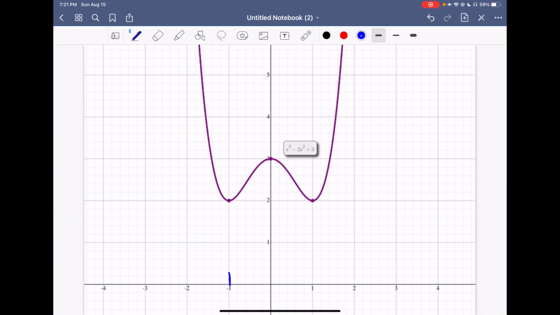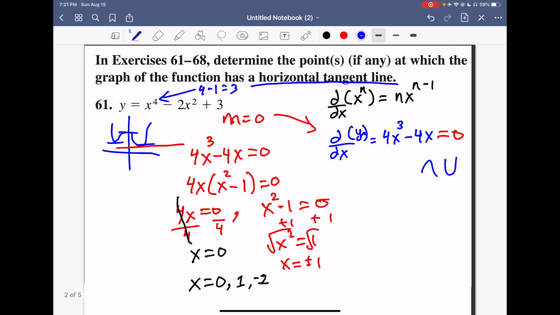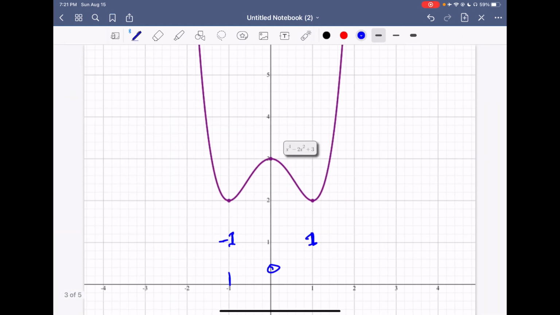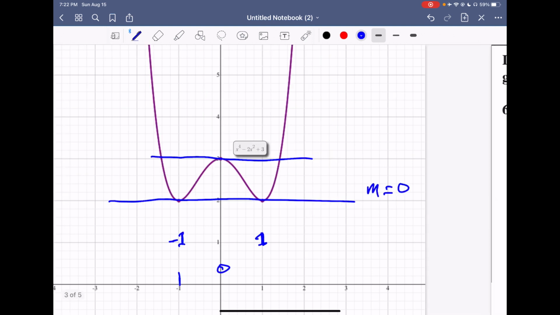Right at x equals negative 1, at x equal to 0, and x equal to 1. That is exactly the end result that we came up with. So x equals 0, 1, and negative 1. So basically what it's saying is that we have a slope that is 0, and of course we do have a slope that is equal to 0. Let's take a look at the next example we have.